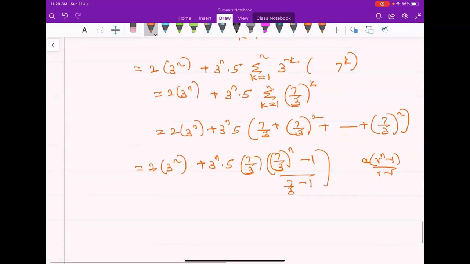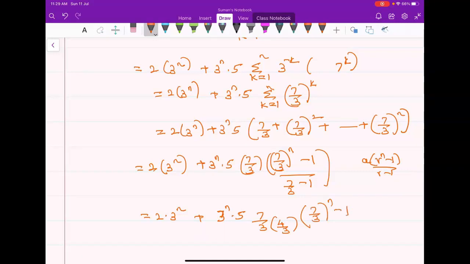Now we just have to do some simplification. So it is 2 into 3 raised to n plus 3 raised to n into 5. This is 7 by 3, and this becomes 4 by 3. So it becomes 7 by 3 into 3 by 4. And this is 7 by 3 raised to n minus 1.